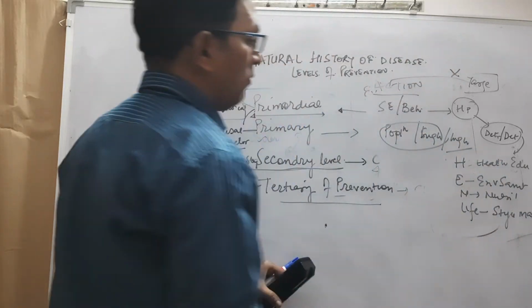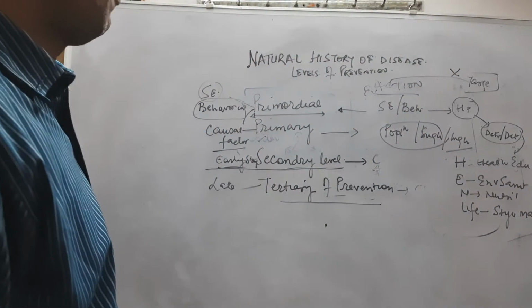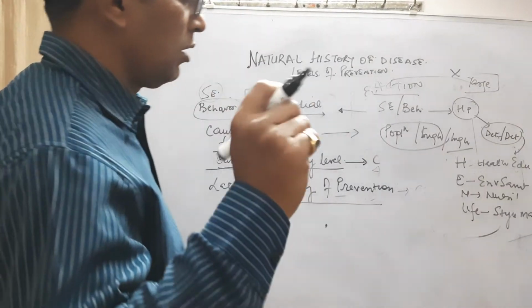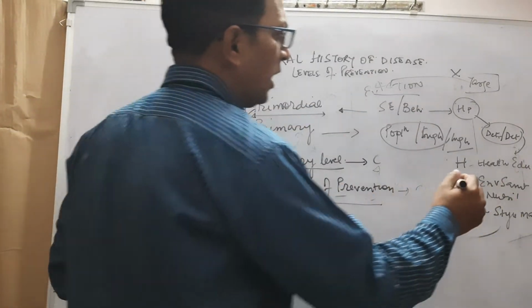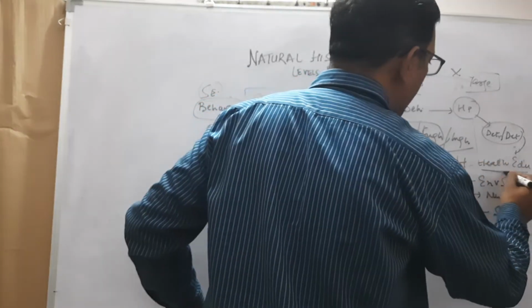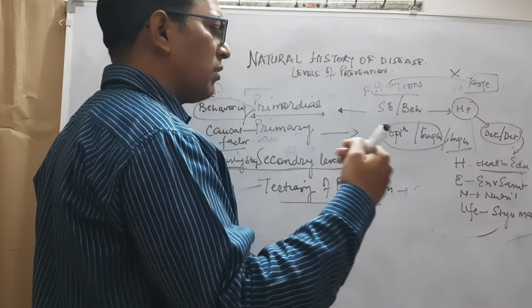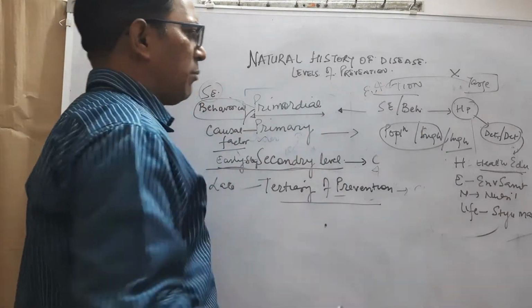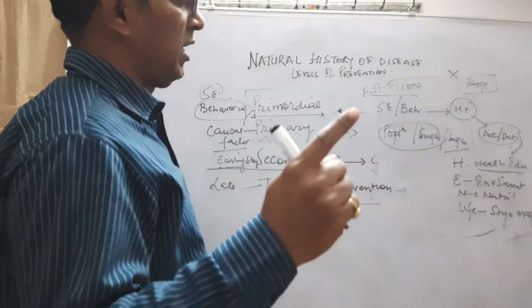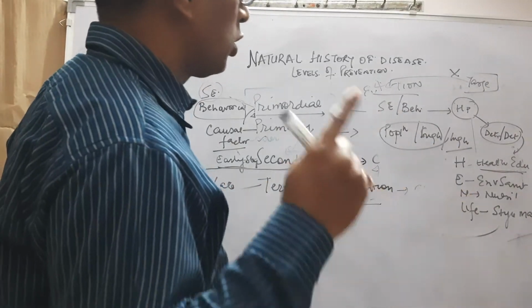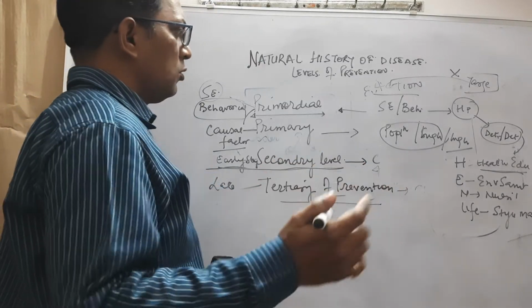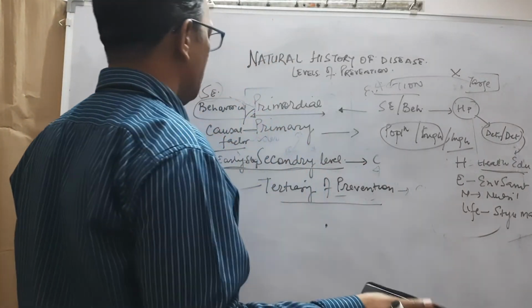This is all basically in cases of health promotion. So when I am telling the child how to brush the teeth, how to wash hands, all these things come under health education, under the primordial level of prevention. But the point is, you did not have any agent or causal factor at that point of time, though the environment could have been there.